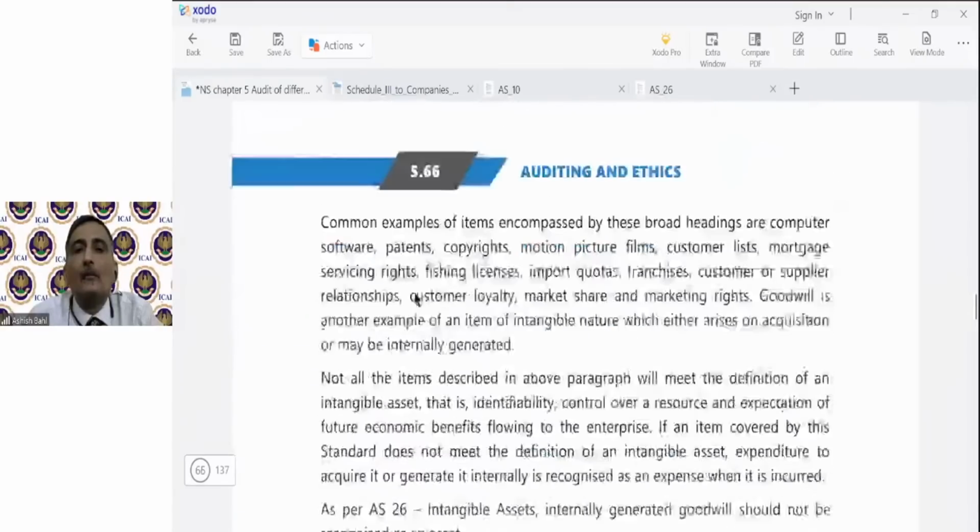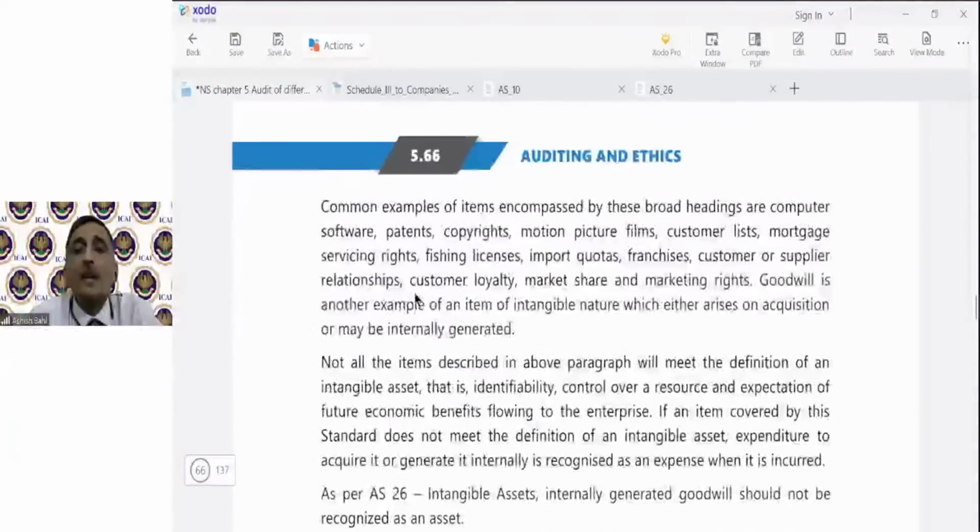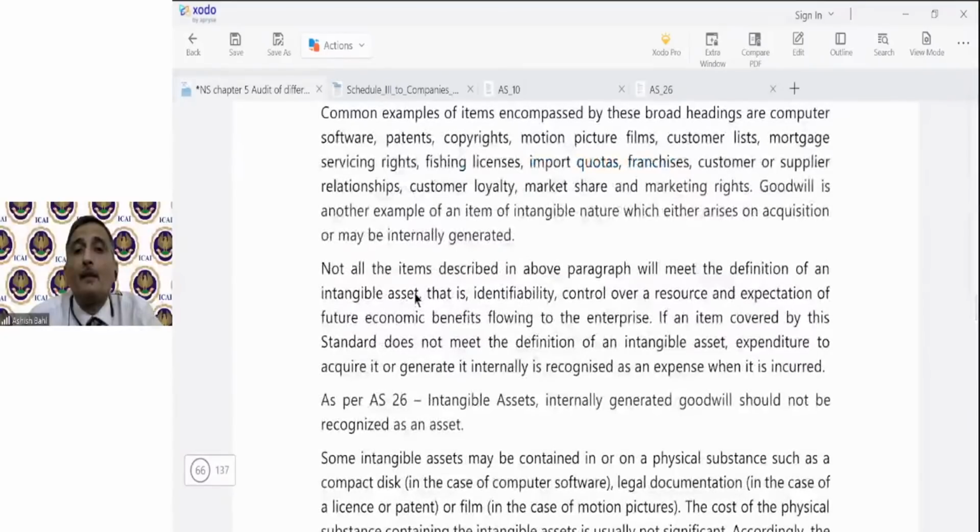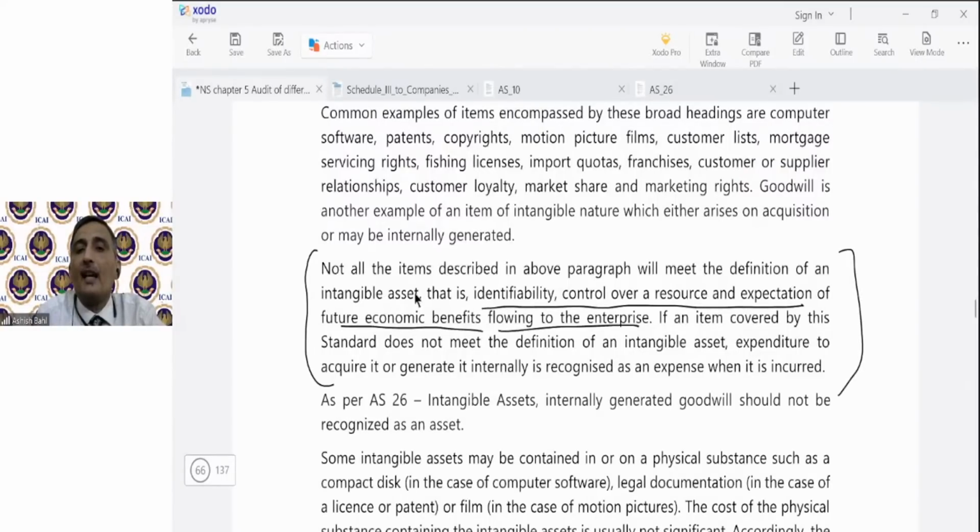Okay guys, in intangible assets also it is necessary, students, that there is a flow of future economic benefits to an enterprise. There is an expectation that there would be future economic benefits to the enterprise from that intangible asset.